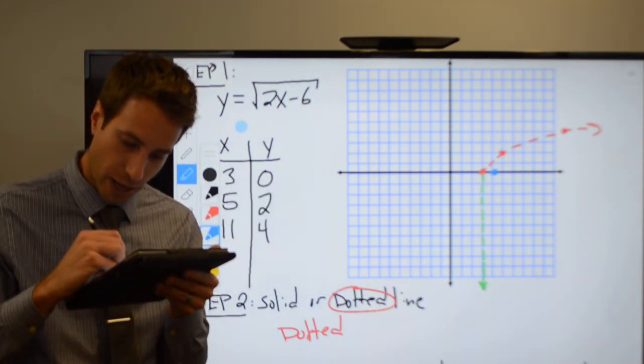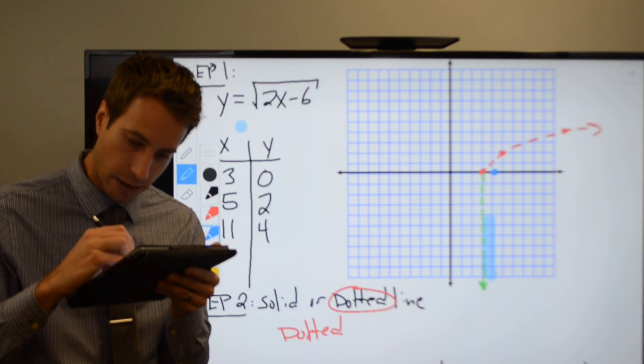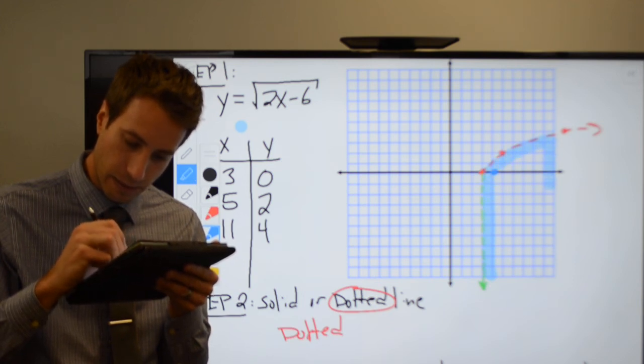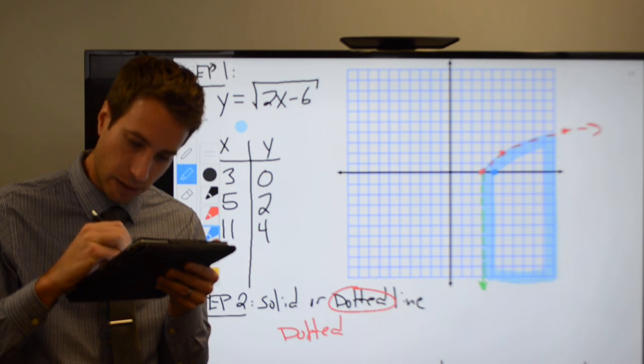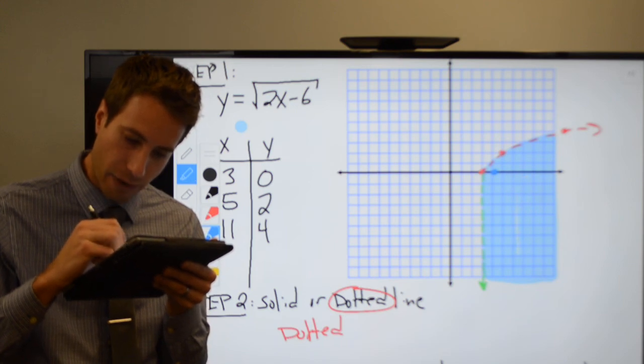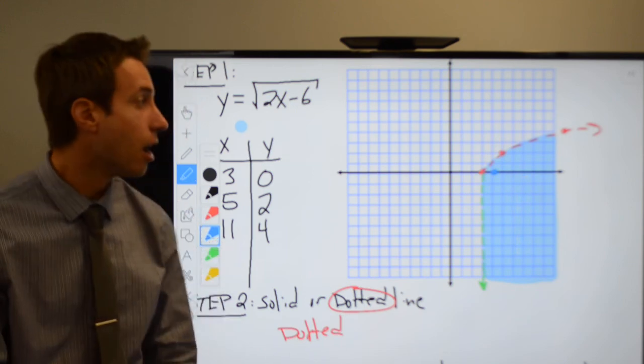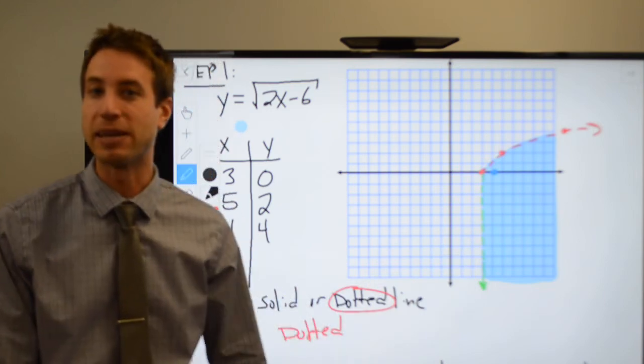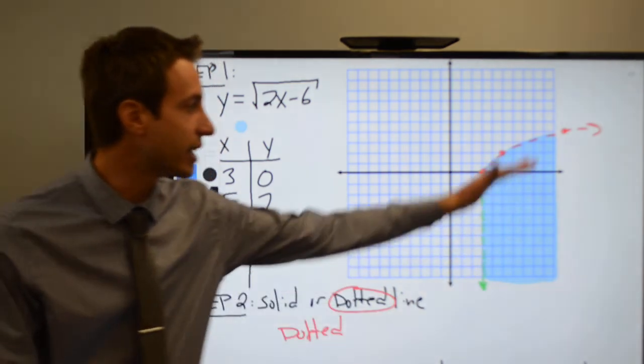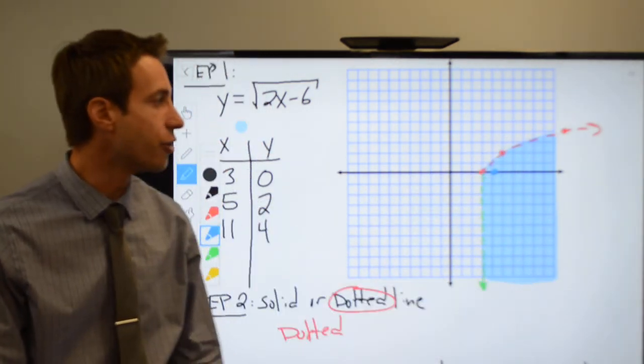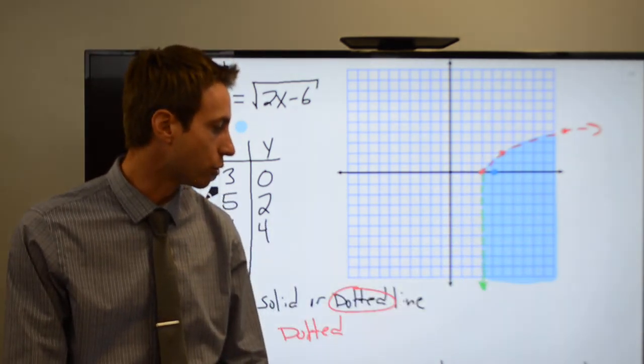So I'm going to shade everybody under here. This represents the solution region of my inequality. Everybody underneath of the radical symbol. It's got to be a dotted line because the line is not included. It's just the points underneath of it representing my solution region.